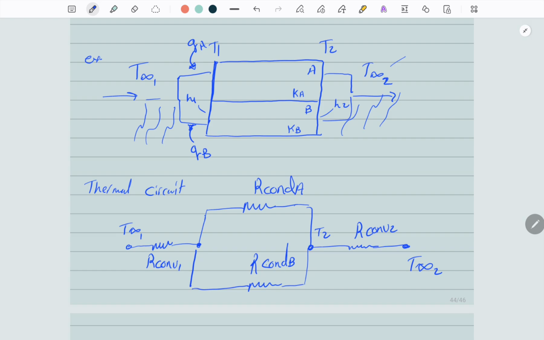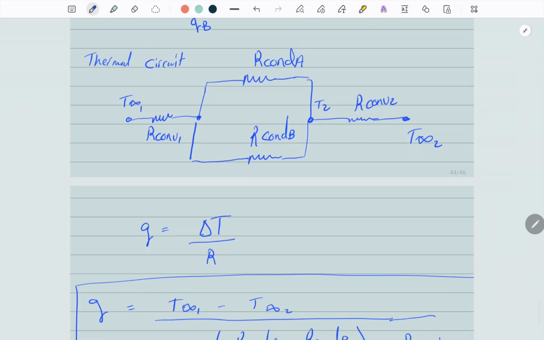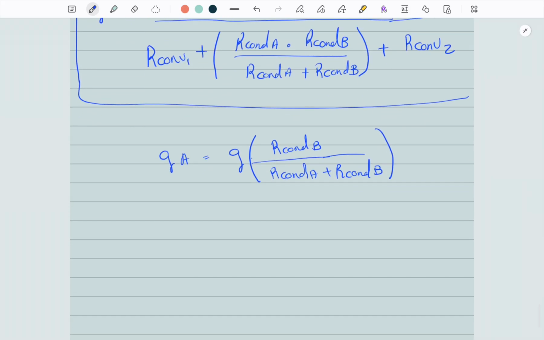Therefore, it's the same way of solving them. The only thing that was added was two convection nodes, T infinity 1 and T infinity 2. QB will be the same, which is Q minus QA.